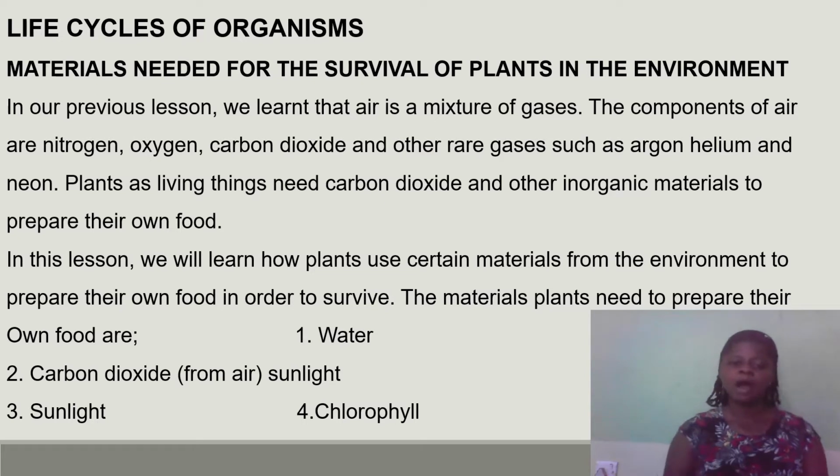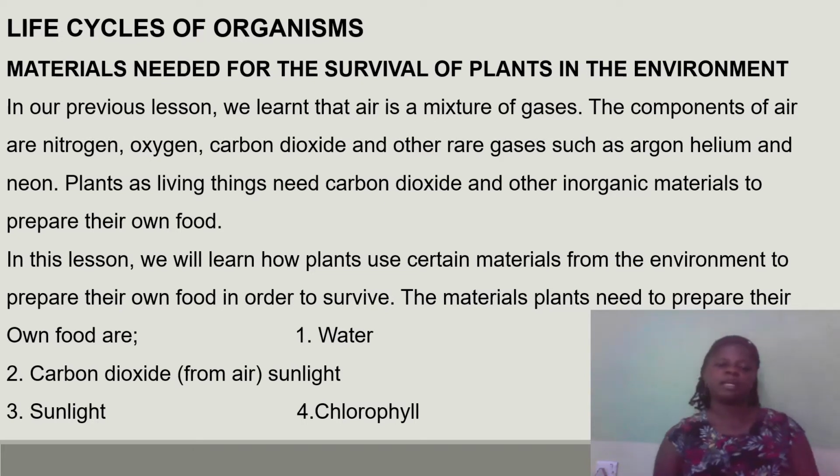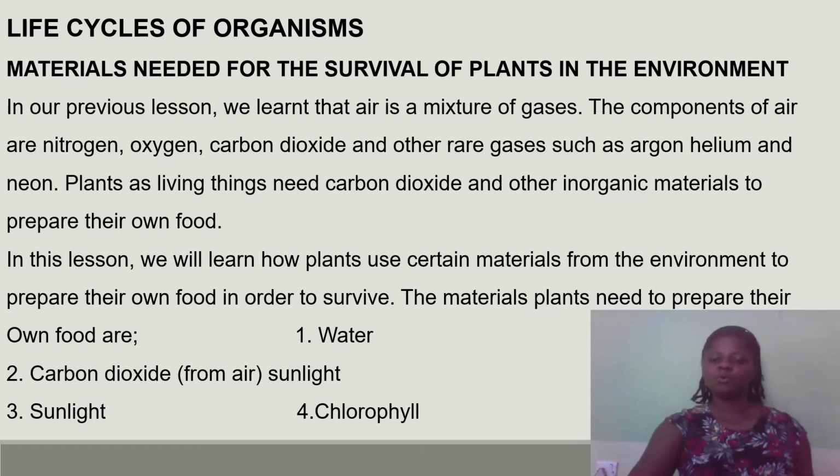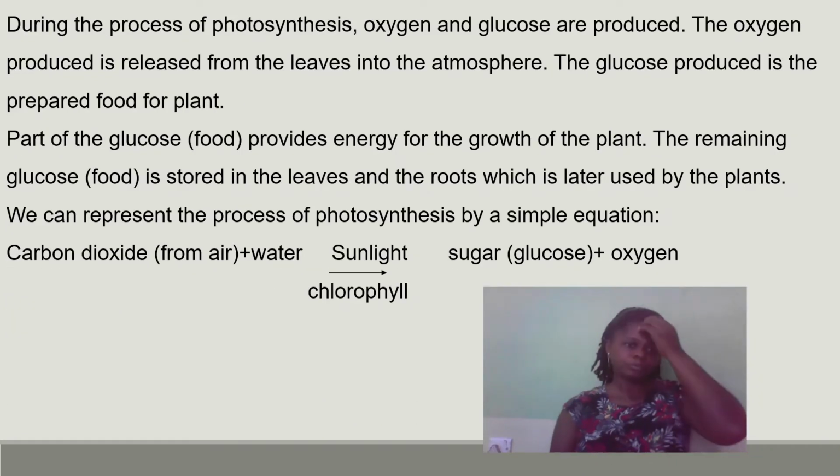So we shall learn how plants use certain materials from the environment to prepare their own food in order to survive. The materials plants need to prepare their own food include water, carbon dioxide, sunlight, and chlorophyll.